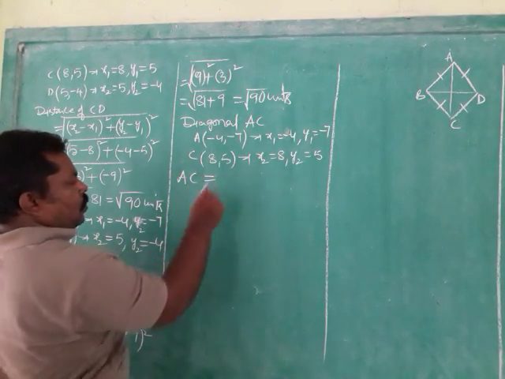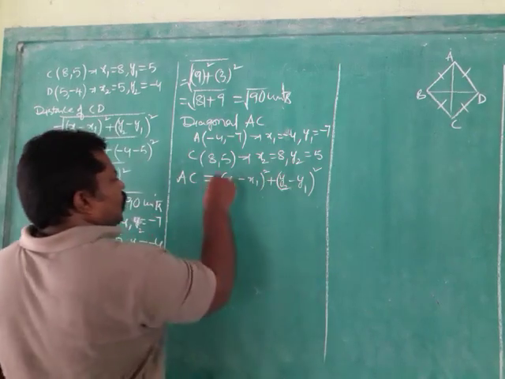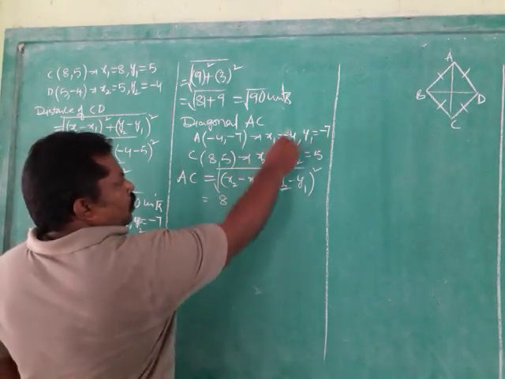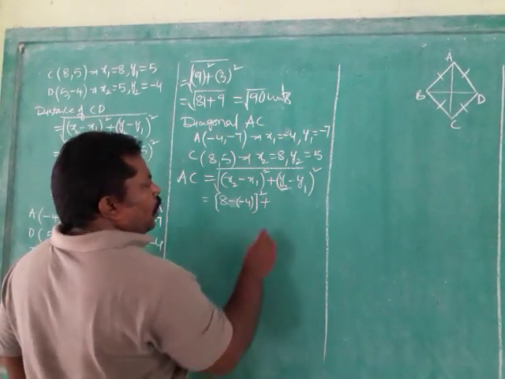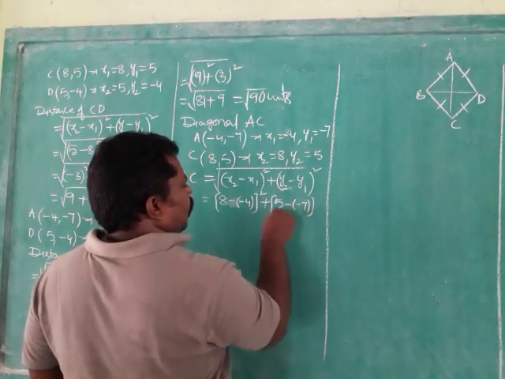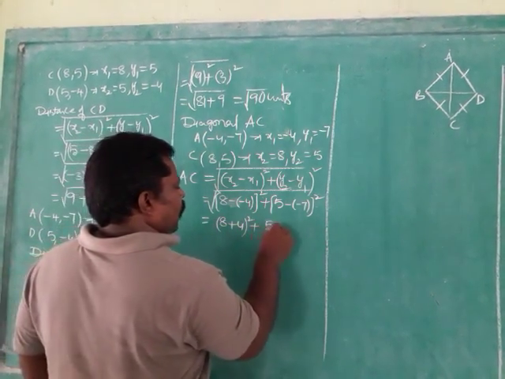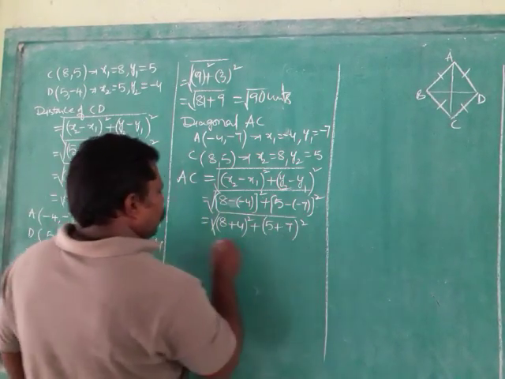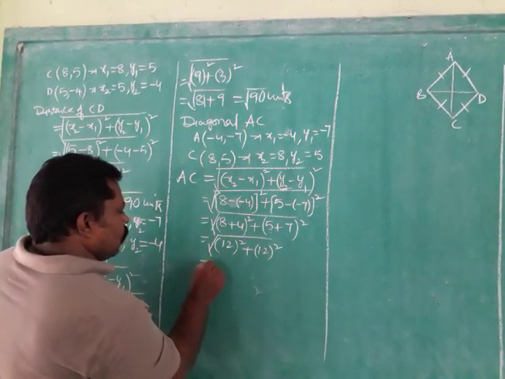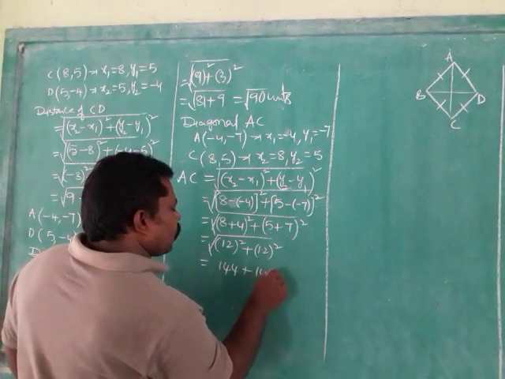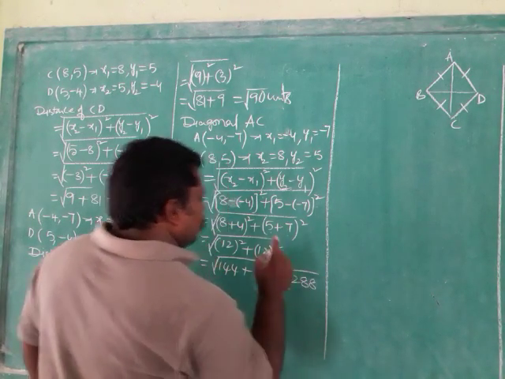Therefore, AC is equal to √[(x2 − x1)² + (y2 − y1)²], which is equal to √[(8 − (−4))² + (5 − (−7))²], which is equal to √[(8 + 4)² + (5 + 7)²], which is equal to √[12² + 12²], which is equal to √(144 + 144), which is equal to √288 units.